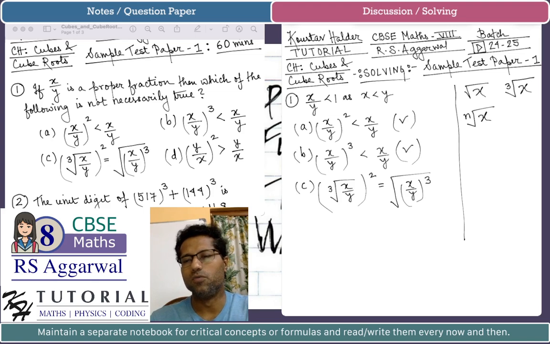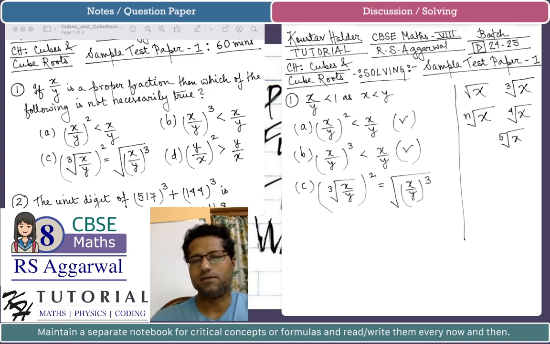And for any other root, the nth root, where n is any integer other than 2, we have to write that number on the top left corner. So for cube root we write 3, for fourth root we write 4, for fifth root we write 5. So for the nth root we write the root sign of x and then write the n.